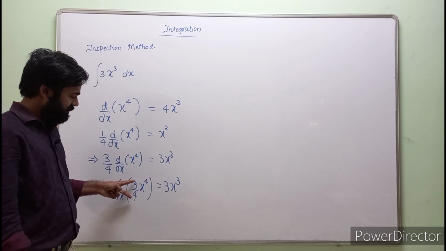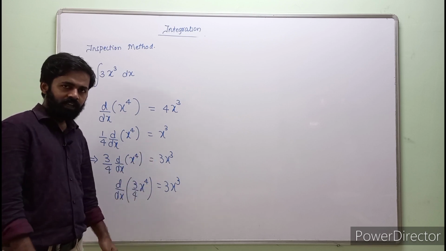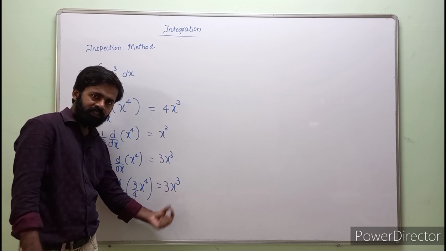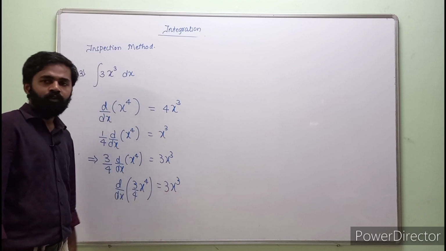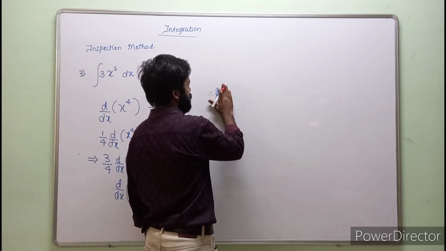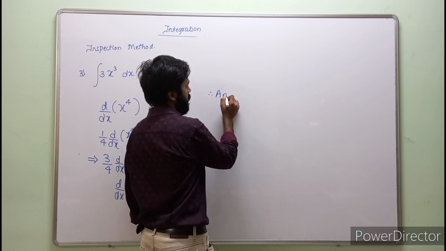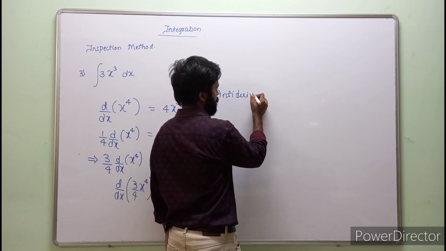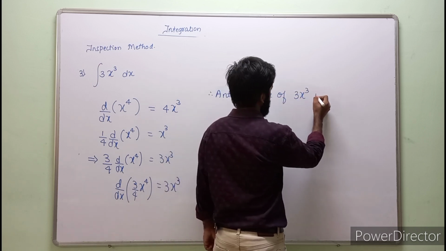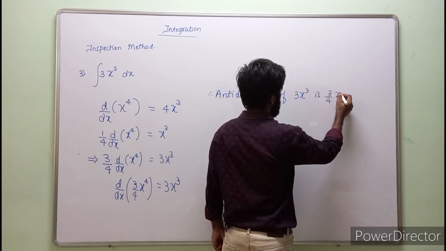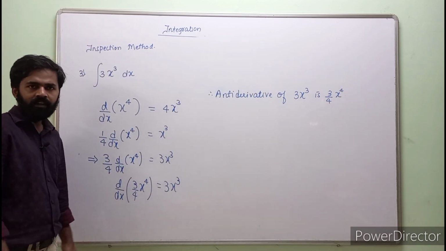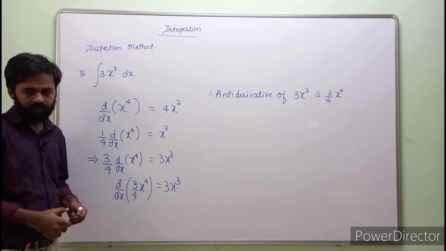So we got this. It means the antiderivative of 3x cube is nothing but 3 by 4 x raised to 4. So therefore the antiderivative of 3x cube is 3 by 4 x raised to 4. That's how we find the antiderivative of 3x cube.